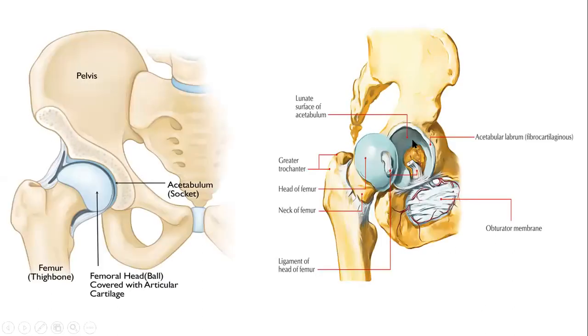So if you look closely in this diagram on the right side of the slide, this is the acetabulum, the cup-shaped hollow depression on the lateral aspect of the hip bone. It has a lunate shaped articular surface which is covered by the articular cartilage of hyaline in structure.